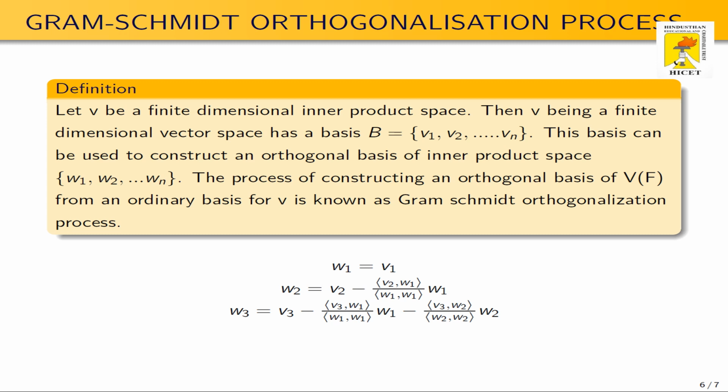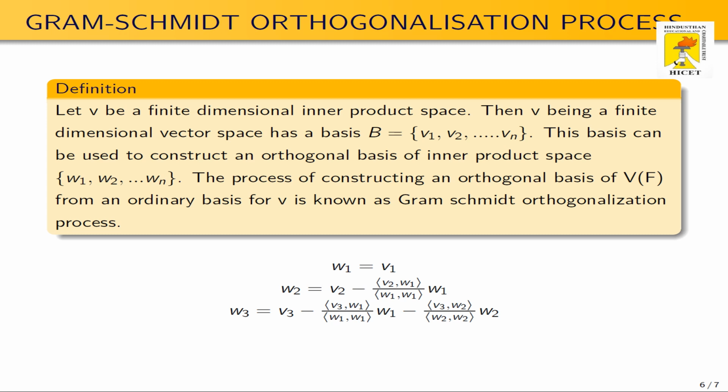Next, the definition of the Gram-Schmidt orthogonalization process. The process of constructing an orthogonal basis from an ordinary basis is the Gram-Schmidt orthogonalization process, which can be constructed from the following formula.